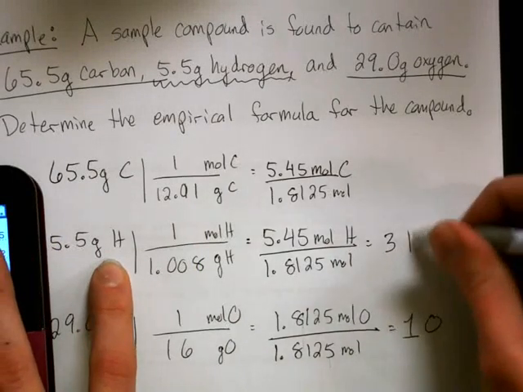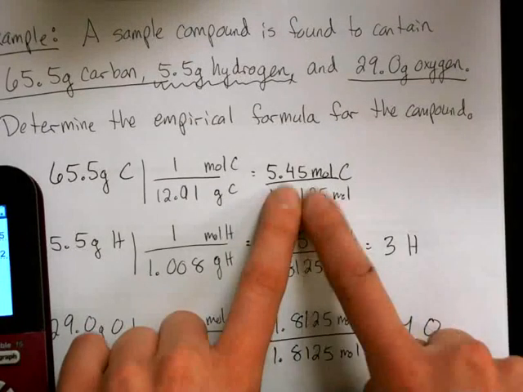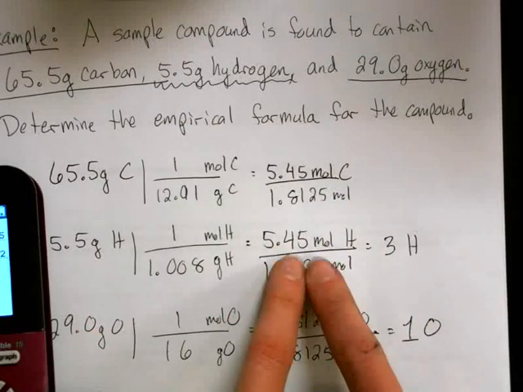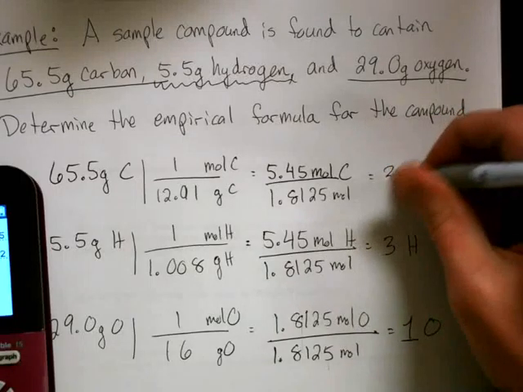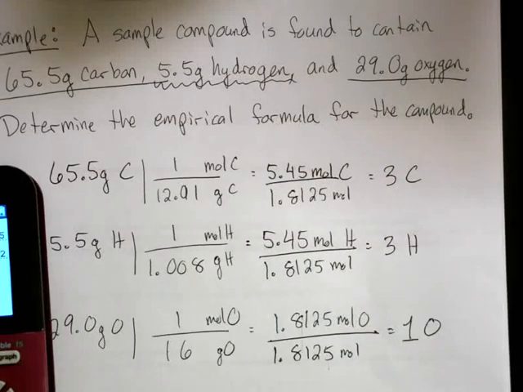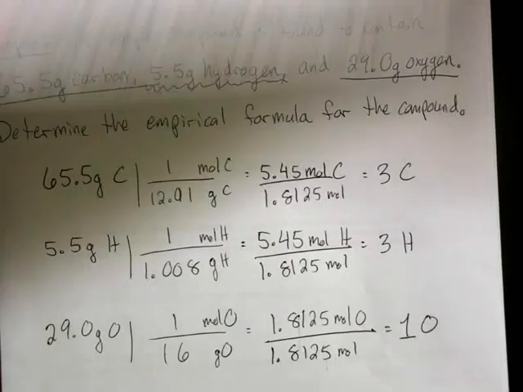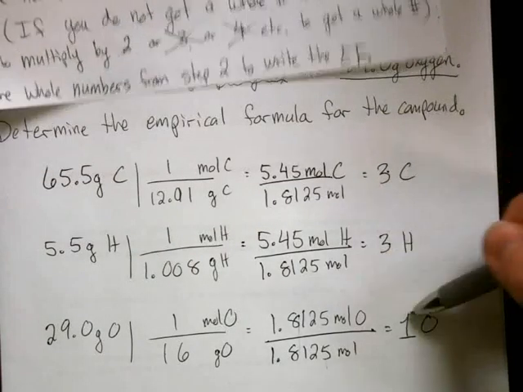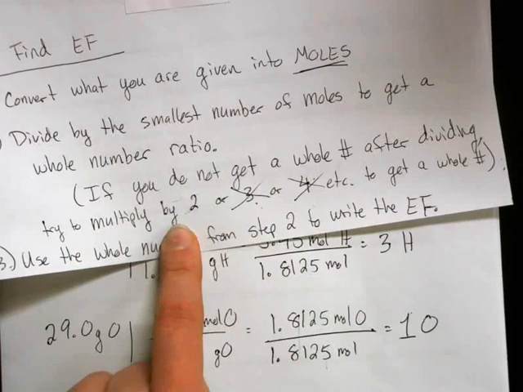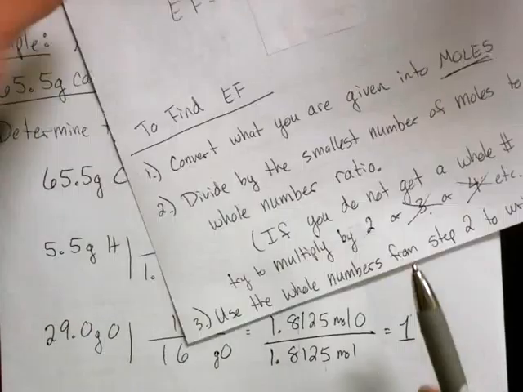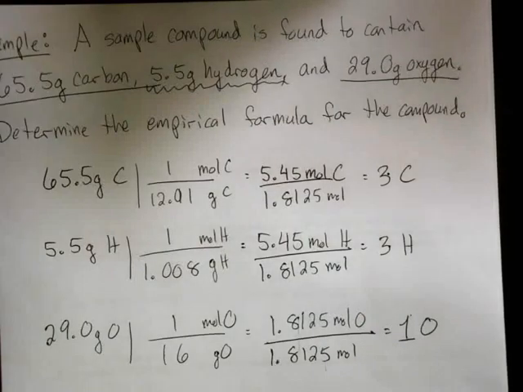That is in reference to my hydrogens. So I have 3 hydrogens. Well, carbon was the exact same number of moles as hydrogen, so when I divide them, it's going to be the same number. I'm going to get 3 carbons. Notice that all of these were whole numbers. We didn't have to worry about multiplying by another integer in order to get it to a whole number.